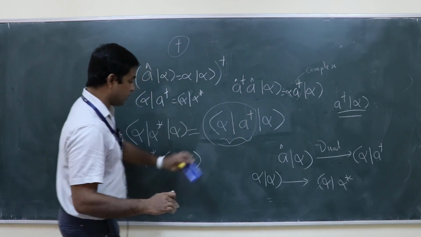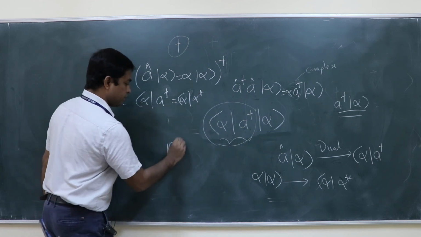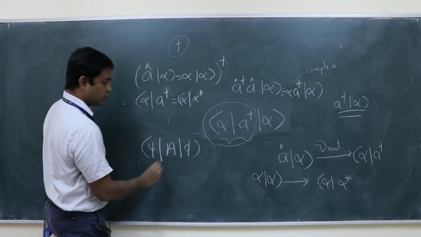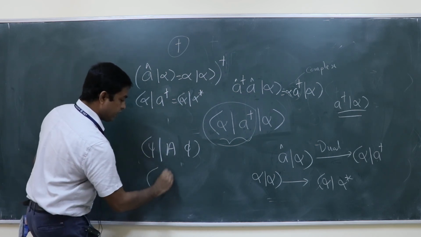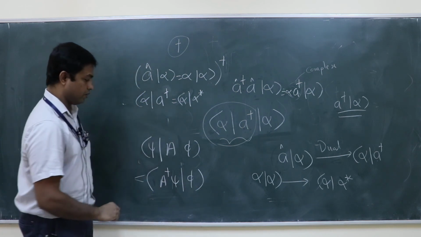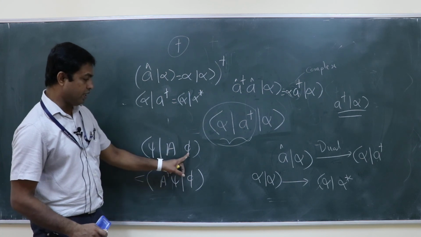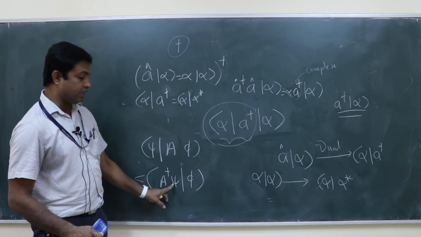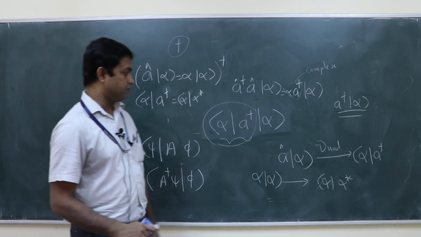That is the definition of the adjoint operator: A phi psi, I can write it either as A phi like this, or A dagger psi phi. This is the definition of the dagger. So from this you are getting that A acting on ket phi is the same as A dagger acting on ket psi, because then you take the bra. Is it clear?